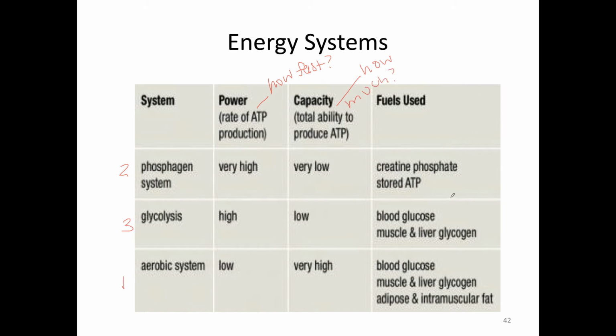And then fuels used just describes which fuels are being used, either ATP itself or to generate ATP. So, aerobic respiration has a low rate of ATP production, and that's because it's slow because it requires a lot of steps.